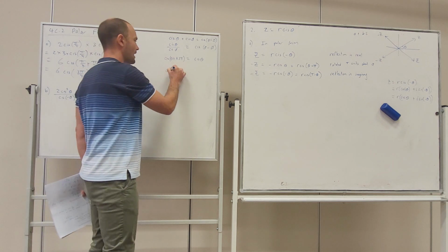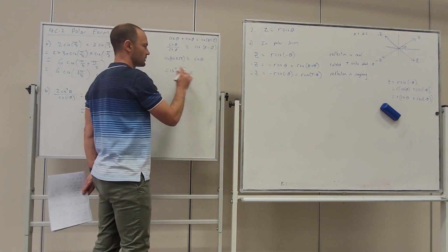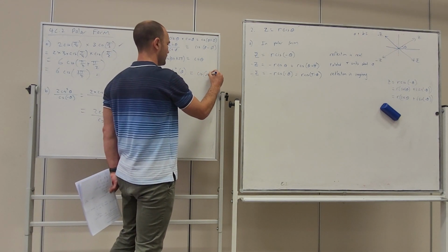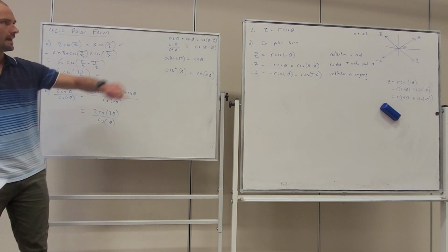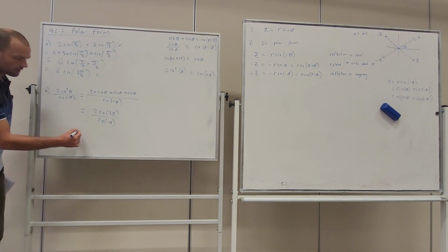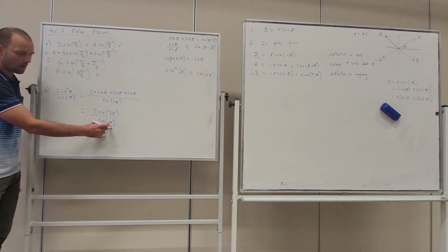I'll add that up here because it's not articulated clearly. If we have cis to the power of n theta, that's equal to cis of n theta. And that's just derived from the multiplication rule. Then we have cis 3 theta at the top and cis of minus theta at the bottom.